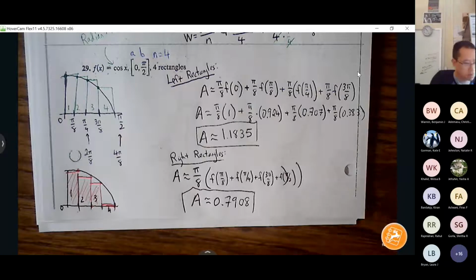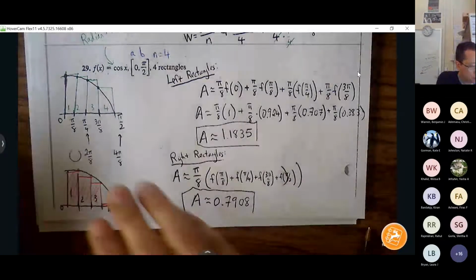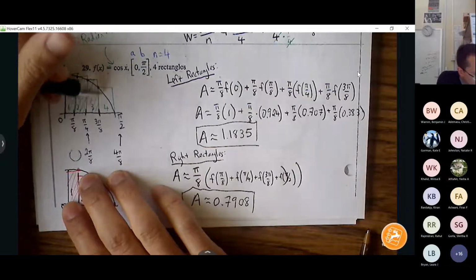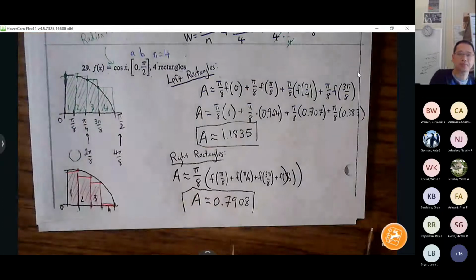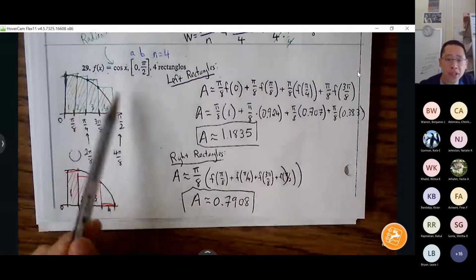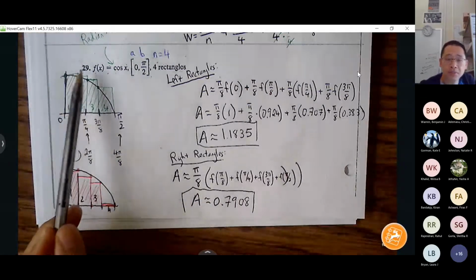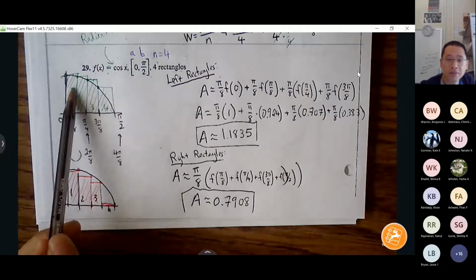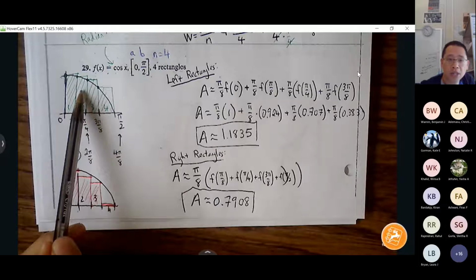Okay. Look at the shape of the graph and look at the area that we've achieved. Here we're using left rectangles, but because of the shape of the graph, we can also consider this as what type of rectangles?